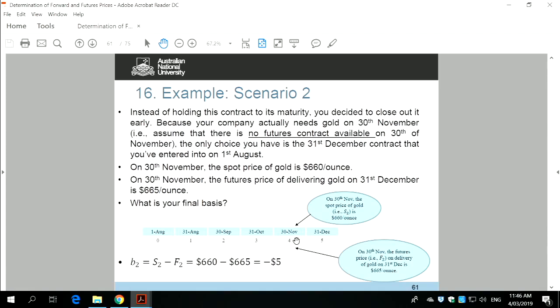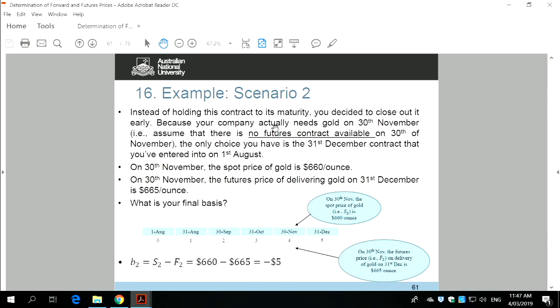So here comes scenario number 2. The question says, instead of holding this contract to its maturity, you decided to close it out early. Why do you want to close out early? Because your company actually needs the gold on 30th of November instead of 31st of December.